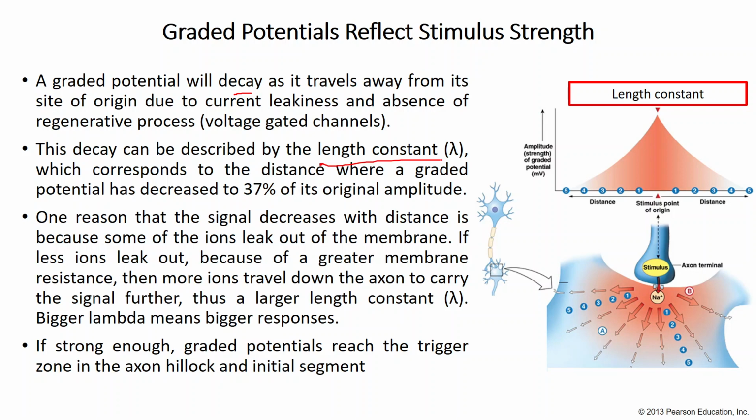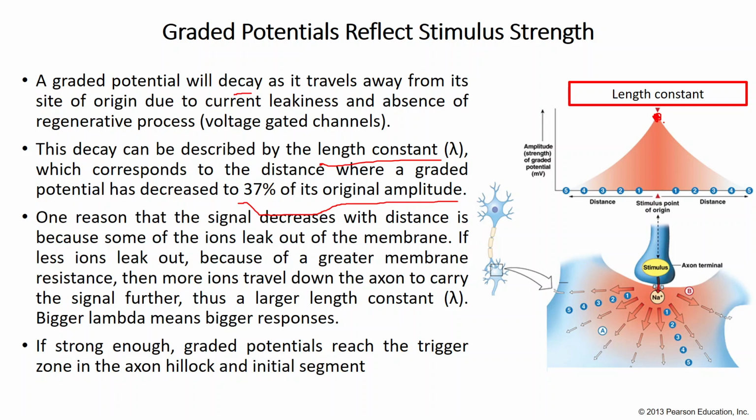The length constant describes the distance by which the graded potential would be decreased to 37% of its original amplitude. You can see here, this is where the graded potential was initiated.